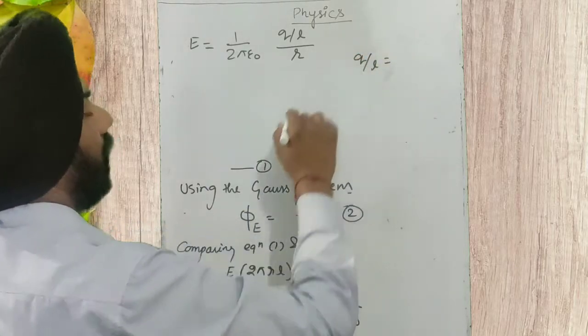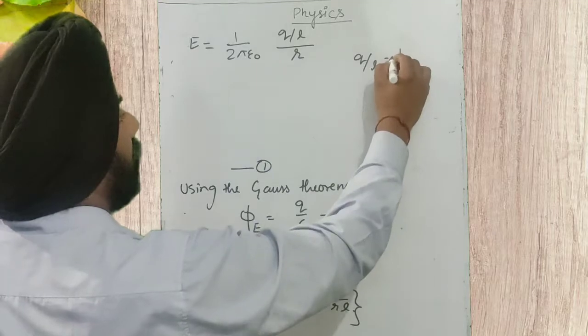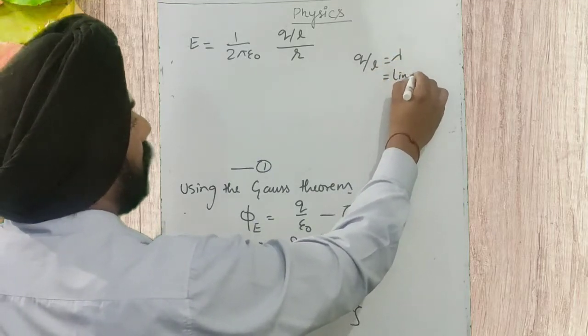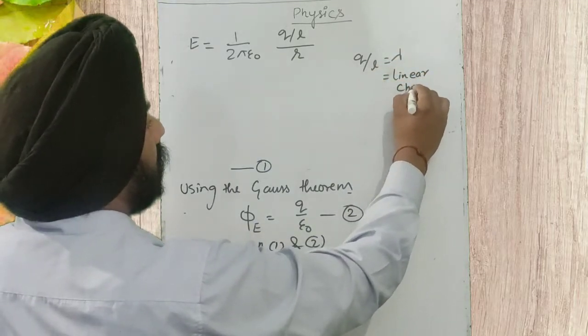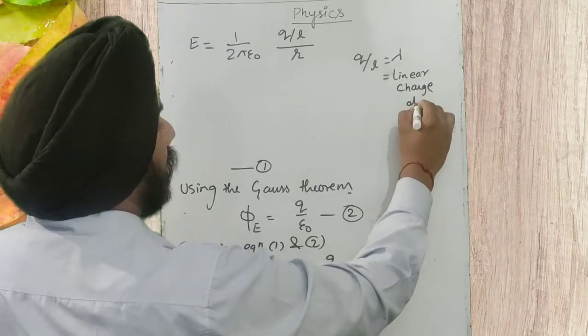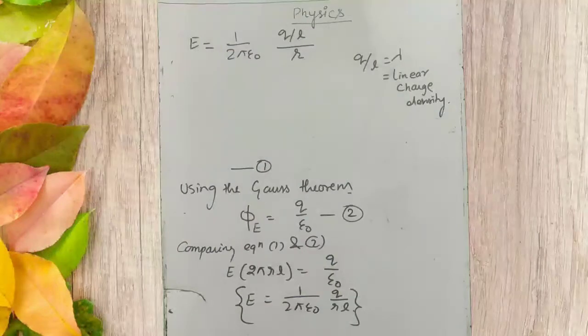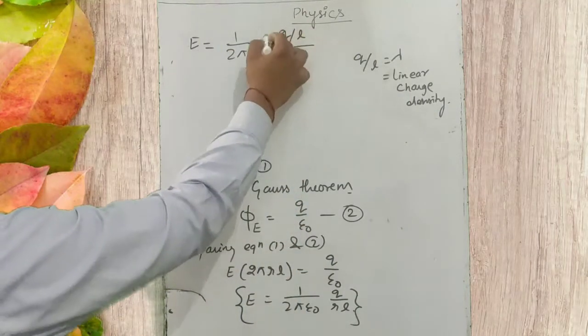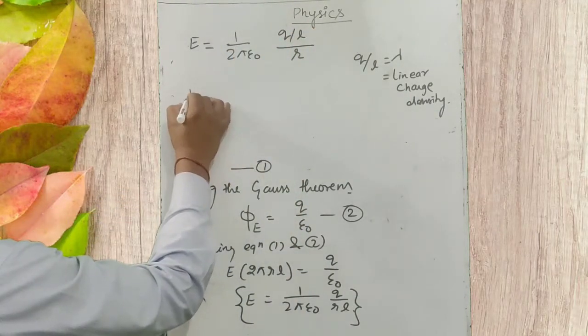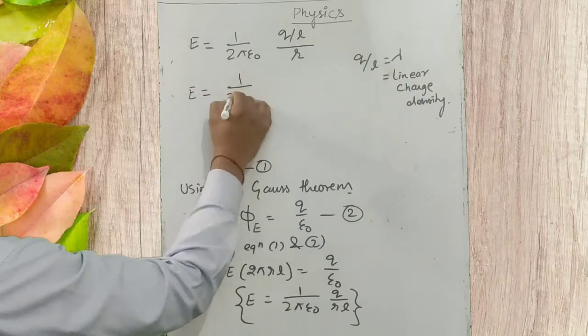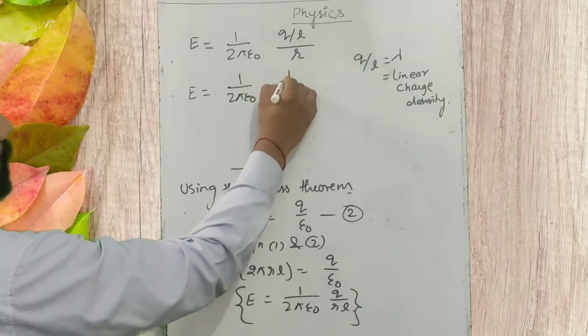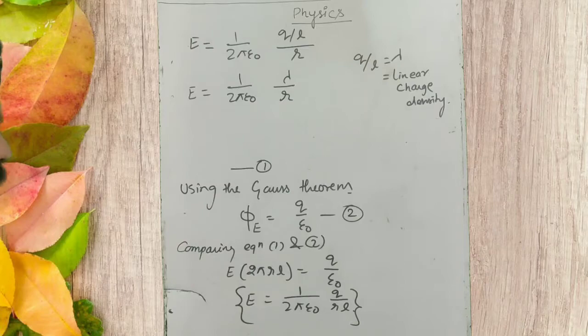Q by L is lambda, and lambda is linear charge density. I have explained that in the starting of this derivation. So instead of writing Q by L, I am going to write lambda. So E is equal to 1 upon 2 pi epsilon naught, that is lambda upon R.